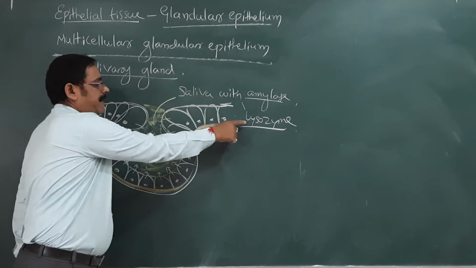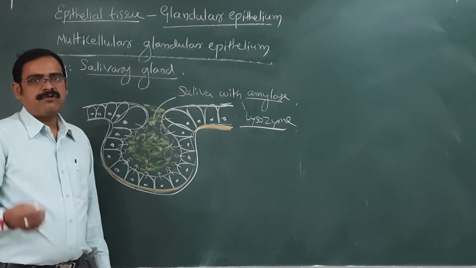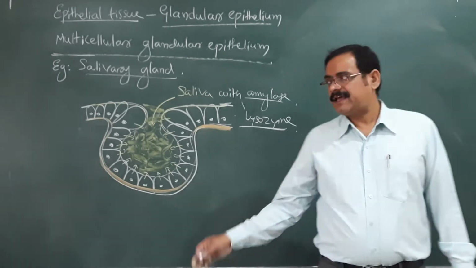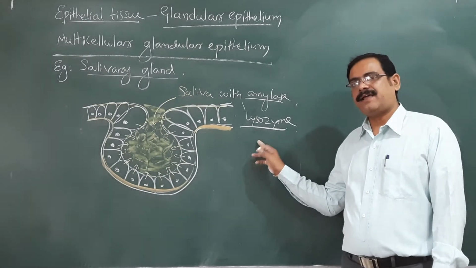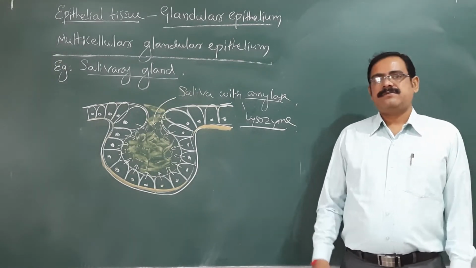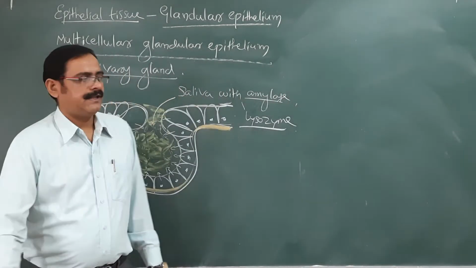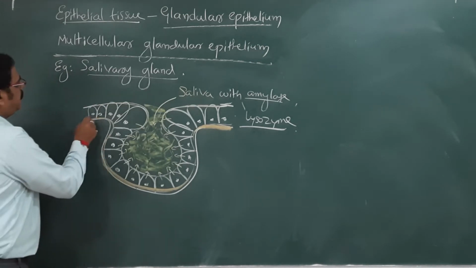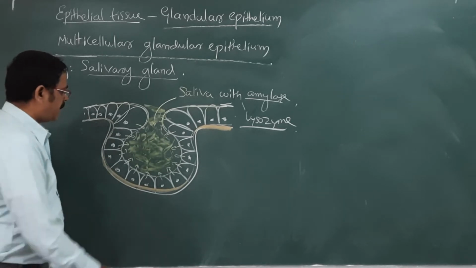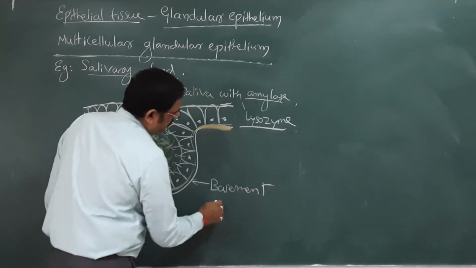It can break the bacterial cell wall, thus it provides protection. Even if you keep your mouth open and bacteria go inside, you will not get any disease because your salivary lysozyme is inactivating the bacteria. And amylase is essential to break starch into simple saccharides. So when we talk about the salivary gland, they are multicellular glandular epithelium, and there is a basement membrane.